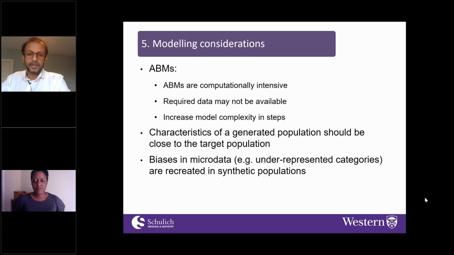One of the other things to think about is that modelers need to make sure that the population generated from the model is very close to the target population that we are considering. A lot of the time we have to use microdata or survey data to create our synthetic populations for these models, and modelers need to be mindful of the fact that a number of social groups are underrepresented in microdata, which we discussed earlier.